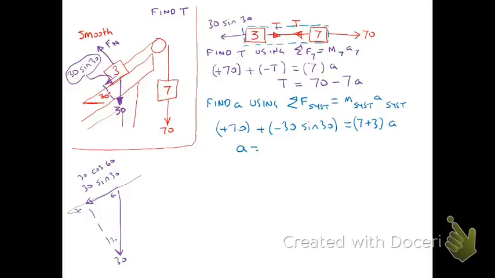So A is equal to 70 minus 30 sine 30 over, now I'll add them together, 10. So A is equal to, I get my calculator, and I go 70 minus parentheses 30 sine 30 close parentheses equals, and then divided by 10 equals 5.5 meters per second squared.